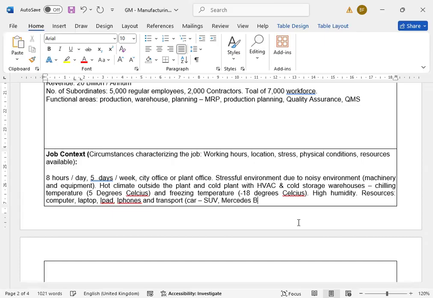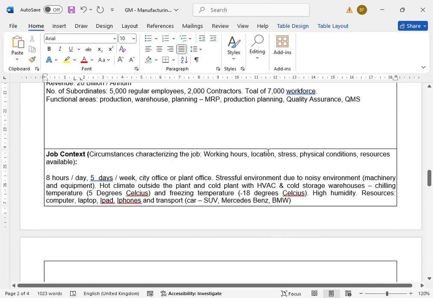Or maybe a BMW. Remember, this is a general manager of manufacturing. Those are the type of resources that the general manager should have.